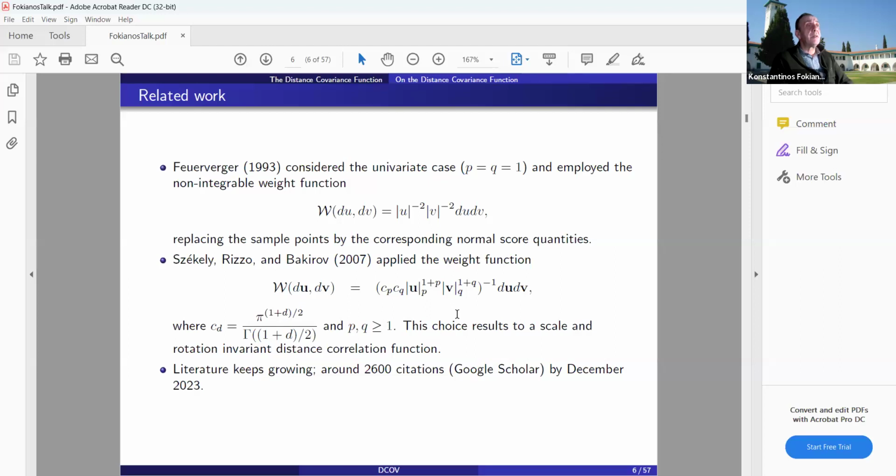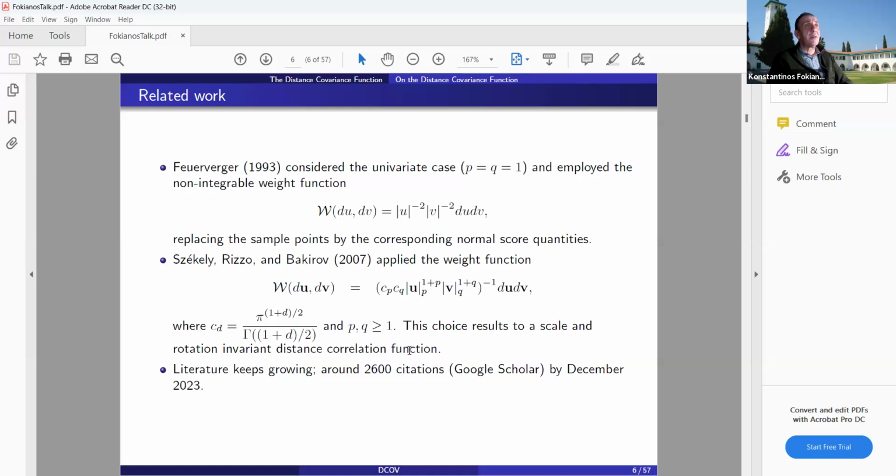The thing is that this function has a singularity at zero, as you see, because u and v enter through the Euclidean norm of u and the Euclidean norm of v. This singularity creates very interesting things, and one of these is that this choice results in a scale and rotation invariant distance correlation function.